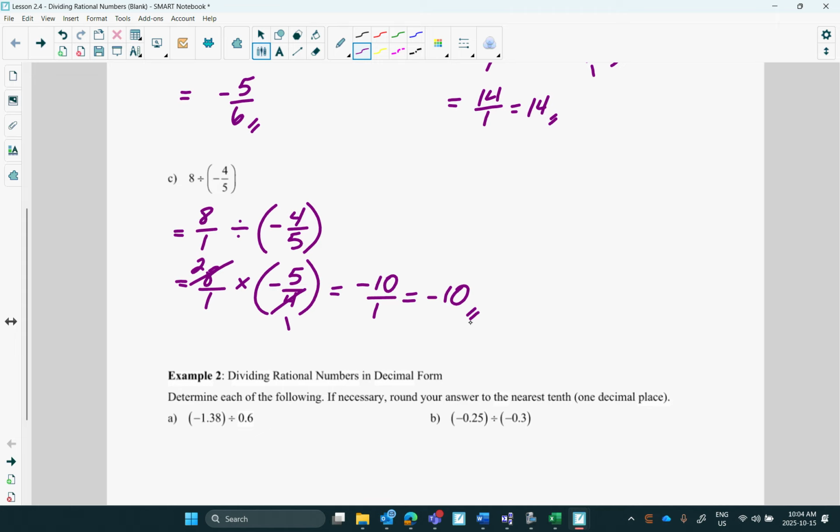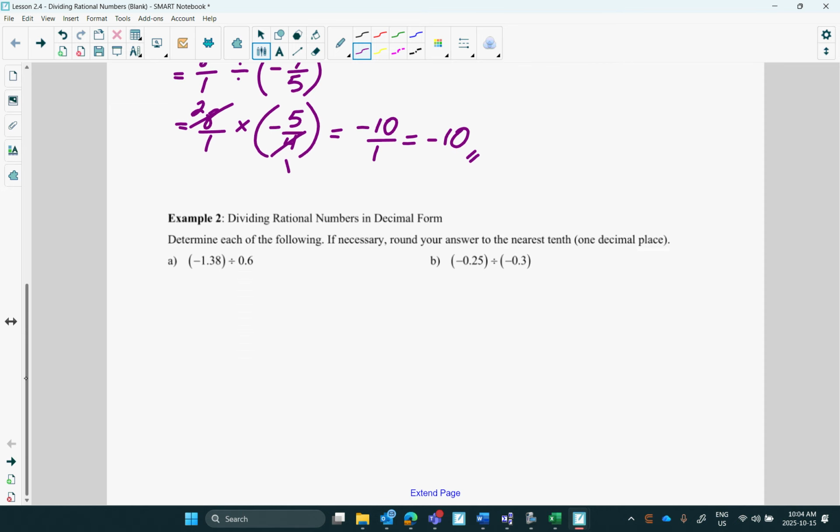These last two examples, just use a calculator and make sure you got the sign of the answer correct. So you're just asked to divide these two, but look carefully at the instructions. You're asked to round to 1 decimal place. Okay?